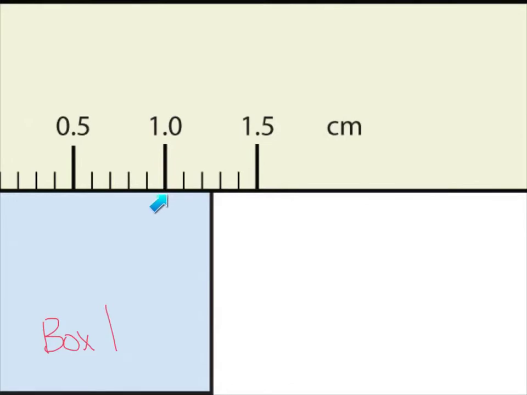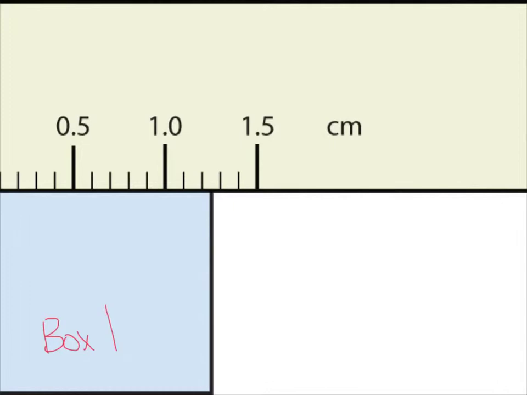We know that because the edge of this box extends past the 1 centimeter mark. That's kind of obvious. Most of us have been measuring using rulers since we were in 2nd grade, but I'm just going through the basics here. We also know with certainty this box extends past 1.1 and 1.2 centimeters. It doesn't quite get to 1.3.